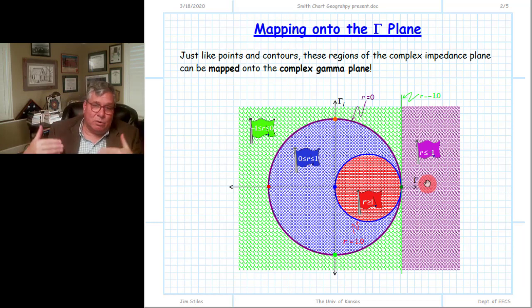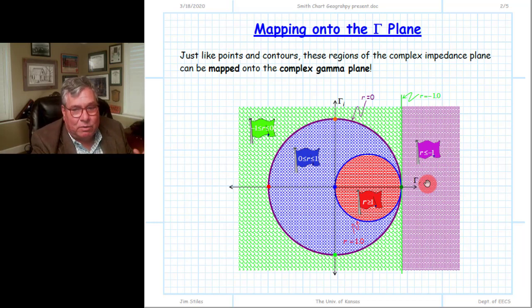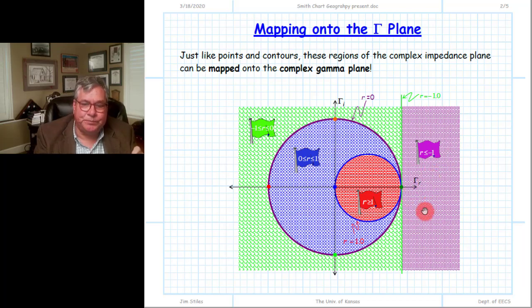And of course, then the capacitive region is below that axis. And what we find is for each of these regions, just like in the complex impedance plane, the normalized impedance plane, each region has a portion above and below that axis, a portion in the inductive region and in the capacitive region. The green region, that's true. The blue region, that is true. The red region, that is true. And of course, then the purple region, that is true.